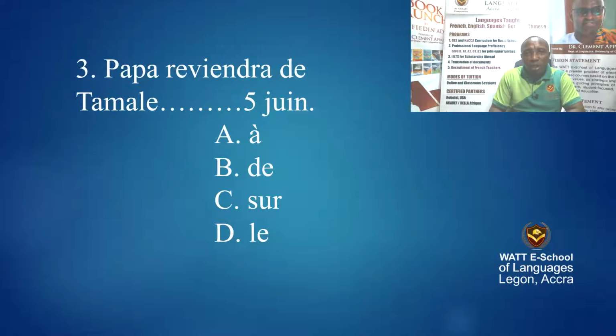You meet it as we are asked to write a letter, either to the Minister of Education, or to your pen pal describing yourself, and so on and so forth. The le will come before the number. Since we have 5 here, we are talking about dates. Therefore, the correct one is D. Tamale le 5 juin.